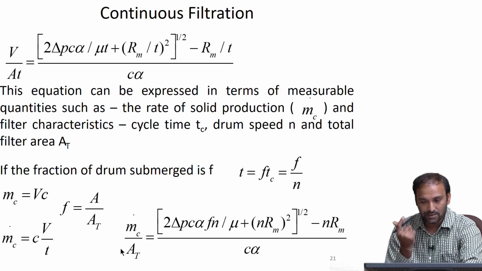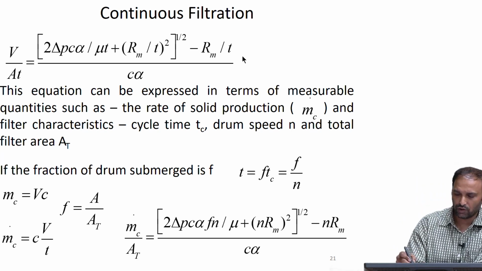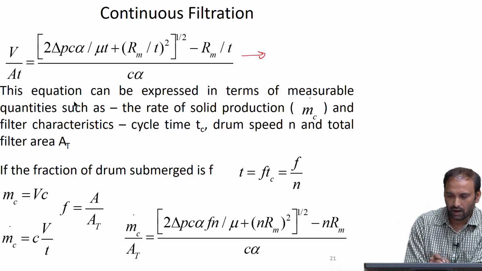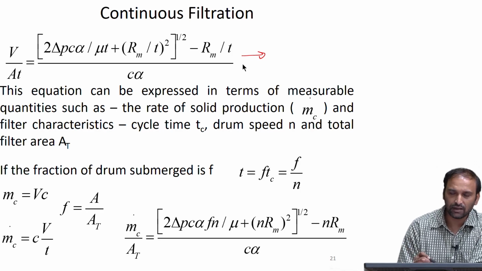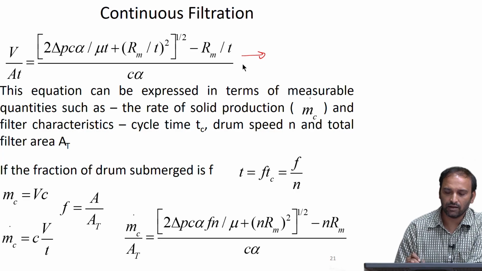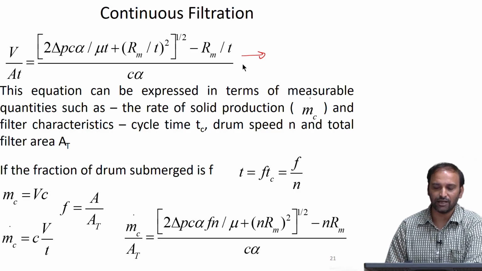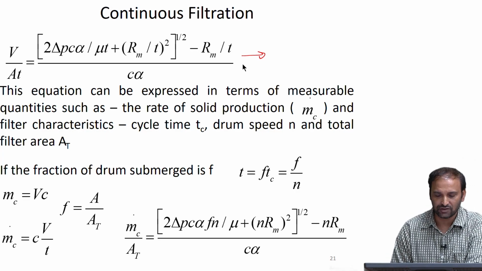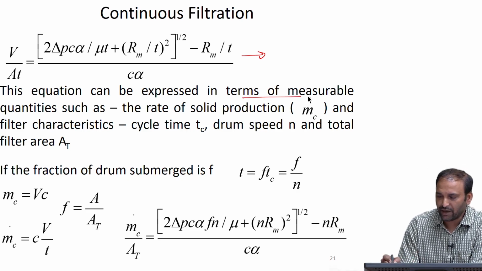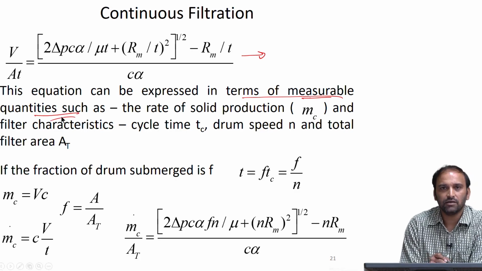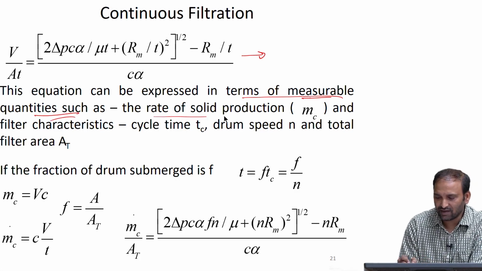So, now what we are going to do is start with this and do some simple manipulations. Now that you have this expression, I would like to modify it to bring in the experimental variables that are typically used during continuous filtration. That means I would like to express this in terms of measurable quantities such as the rate of solid production.